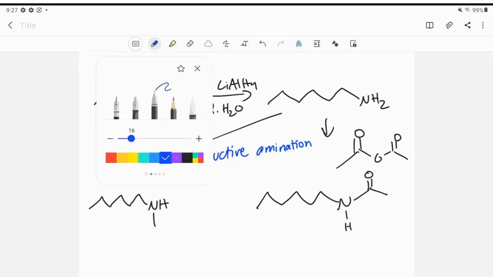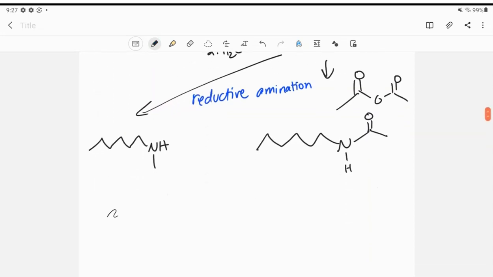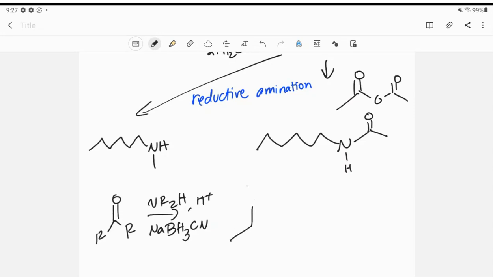Remember, reductive amination, you have some sort of carbonyl compound, some sort of nitrogen-containing compound, and then you have the cyanoborohydride thing. Do you remember this? And that ends up making it so you can put a methyl group or some other group onto your nitrogen.